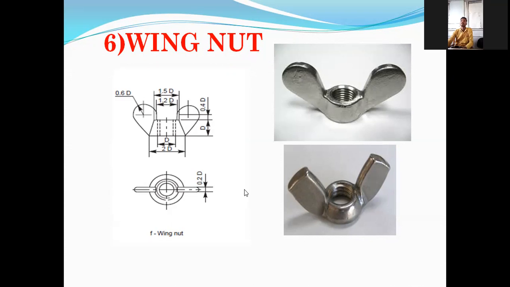The purpose of the wing nut is to avoid the use of spanner. असे प्रोजेक्शन का दिलेले आहेत? What is the purpose of giving the projection on the nut? To avoid use of spanner.